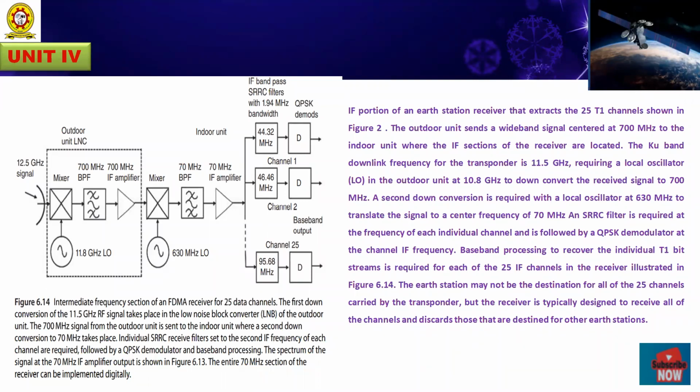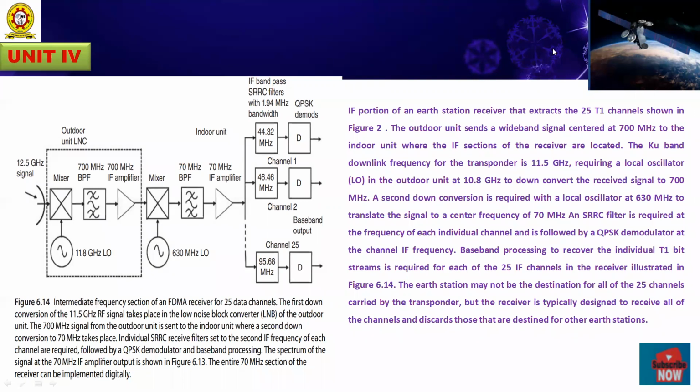The overall output from the outdoor unit LNC comes as input to the second mixer, mixer 2, which operates with a 630 megahertz local oscillator. I think everybody understands the numericals, whatever the Ku band satellite has, they follow for this illustration.